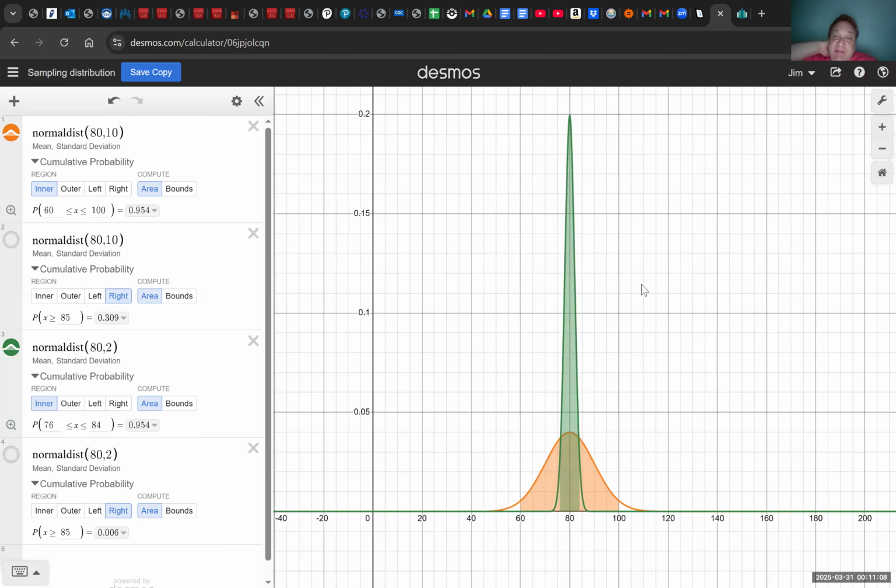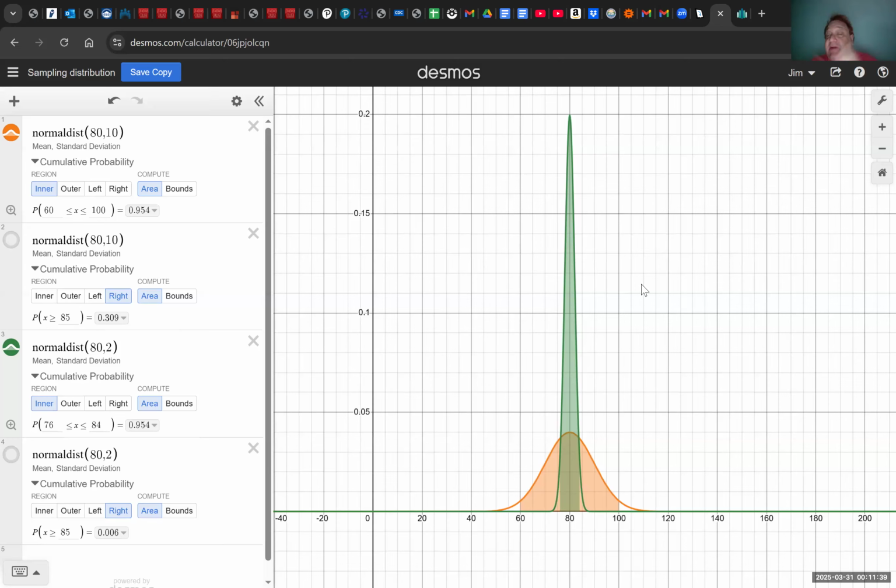Okay, so one thing to notice is that the data is really squished down close to 80. Why is it so tall? Why does it peak up like this? Well, remember, we're talking about a frequency distribution here. We have the same amount of data we're comparing for the original distribution and the sampling distribution, right?